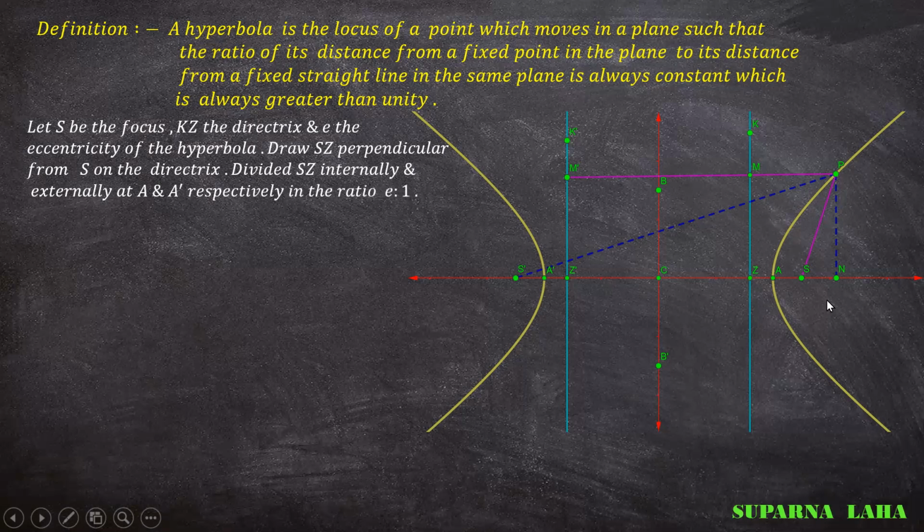So we get 2 points on the hyperbola, and we will use the definition of the hyperbola to find the equation of the hyperbola.